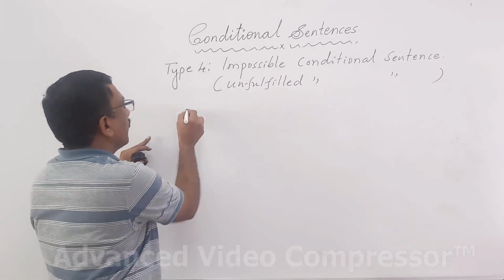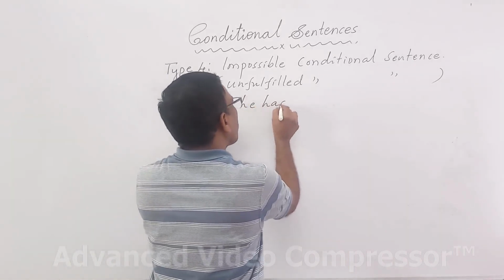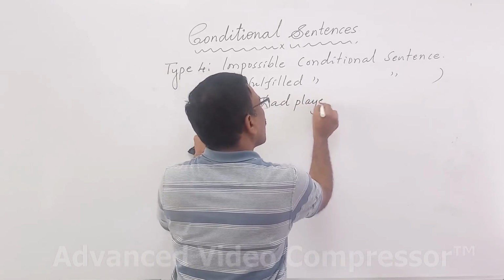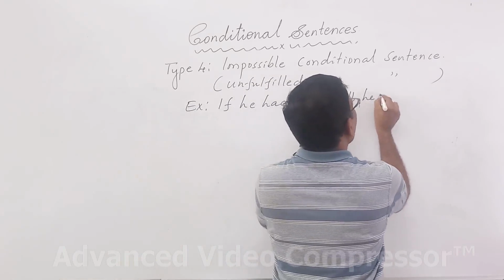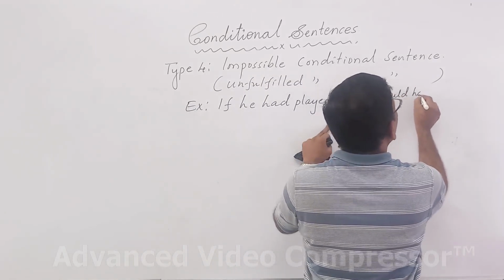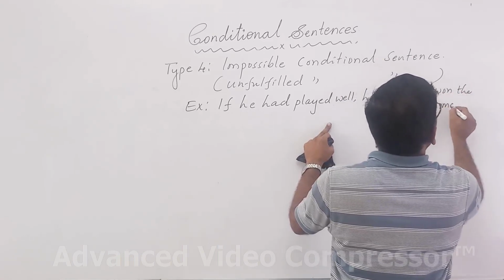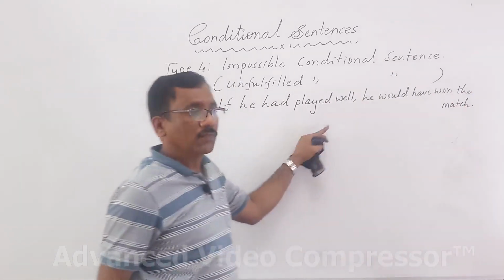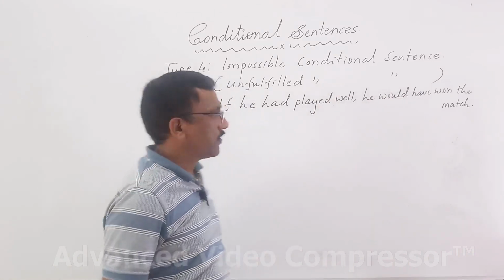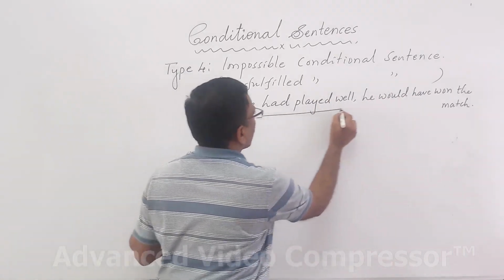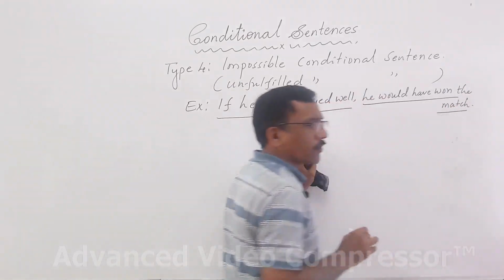For example, if he had played well, comma, he would have won the match. If he had played well, he would have won the match. See here, conditional clause, and after the comma, we see a main clause.